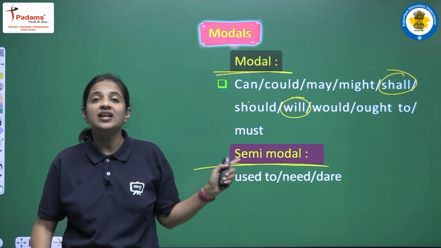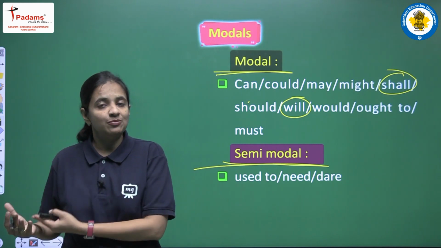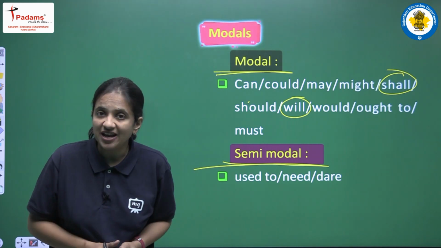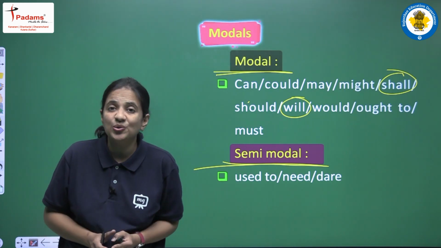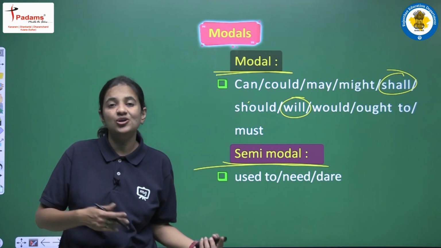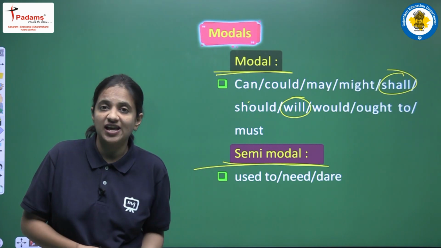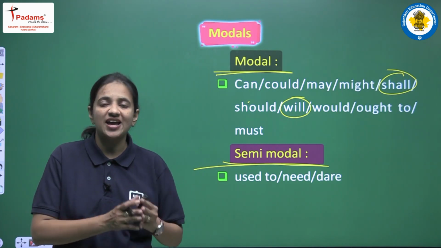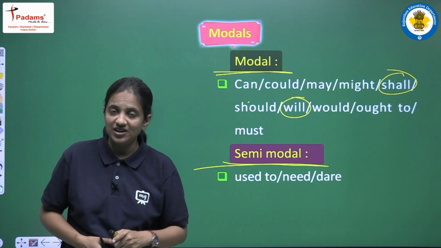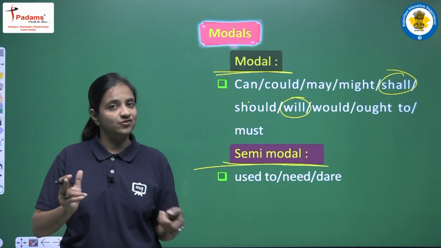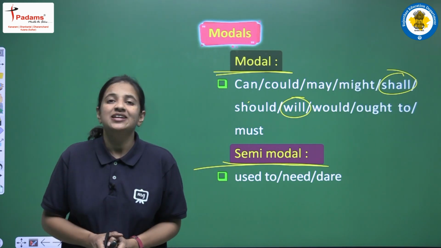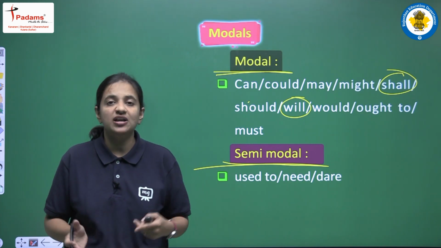So shall and will, yes, they are the helping verbs of future tenses, but at the same time these two words are also included in the modal category. So in this video also we will see what are the uses of shall and will when they are used as modals. Okay, so shall and will, yes, they are the helping verbs in the future tense, but at the same time they are also a part of the modals.